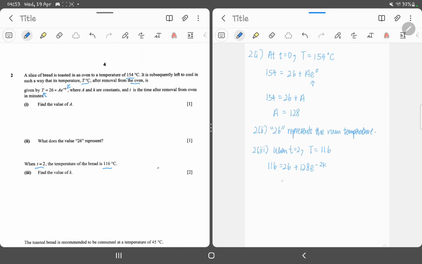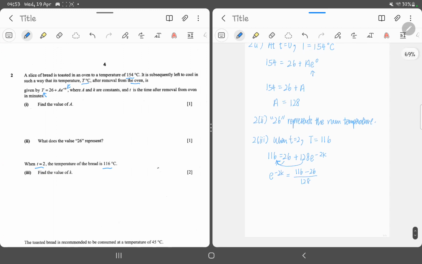Now we need to solve this equation. I'm going to bring 26 over to the left-hand side, and then divide by 128. This gives me e to the power of minus 2k equals (116 minus 26) over 128.